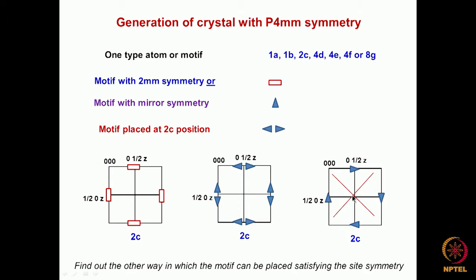This has got only a 4-fold symmetry, all the mirror symmetry has been lost, correct. So this is what will happen. If only 4-fold symmetry is there, then the space group of the crystal is P4. It is different from the space group symmetry which we are considering now.